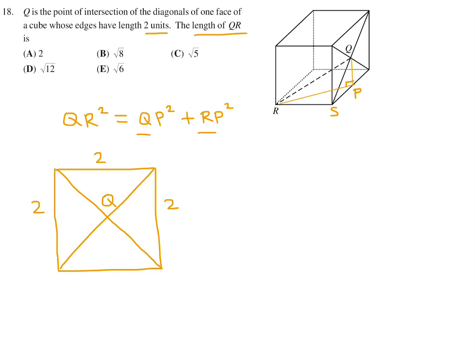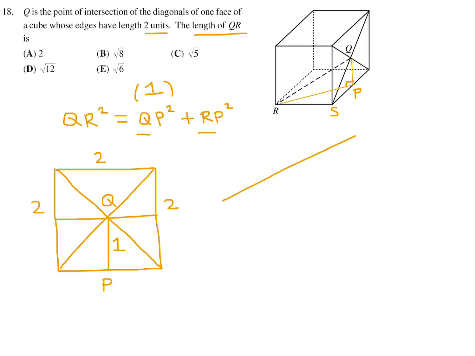Now, when you draw a perpendicular from Q down to the base like that, that becomes a length of 1, because you're essentially just cutting the square in half. So that's easy. So QP we have as 1. So I'll just put that there for now. So we've got half of the puzzle. Now we have to figure out RP.